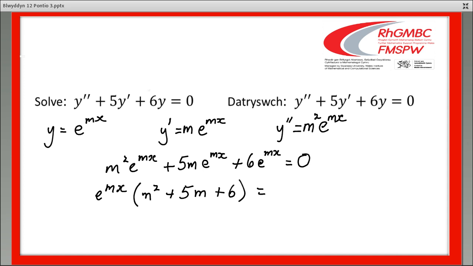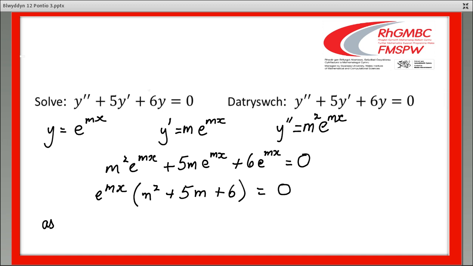So I'm multiplying two numbers together and I get the answer 0. Oh, this takes me back to year 10 when I was solving quadratics. And I factorised my quadratics, and I was told that in my two brackets in year 10, the first bracket, the first number was 0, or the second number was 0. Well, e to the power of mx can never be 0.